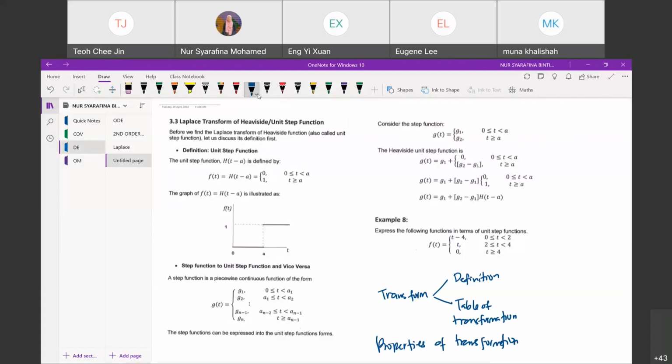What are the properties that we have learned previously? We have learned how many properties? Remember?